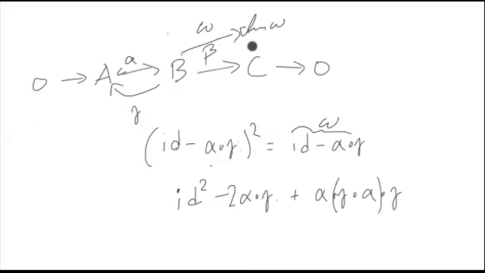We'd like these two to be isomorphic. That would be nice. And the way we're going to do that is we're going to show that A is actually equal to the kernel of both of them. We know A is equal to the kernel of beta. Is it equal to the kernel of omega as well?